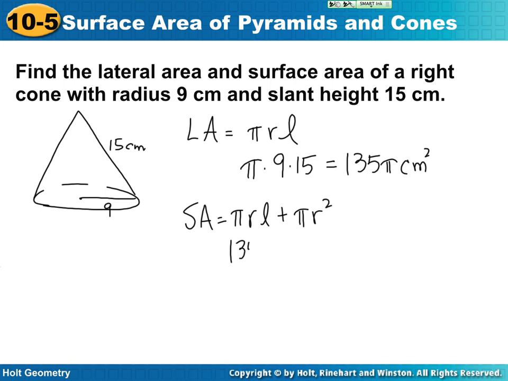This was 135 pi with a radius of 9. That means we have to add on 81 pi to the circle bottom. So we get a total of 216 pi square centimeters.